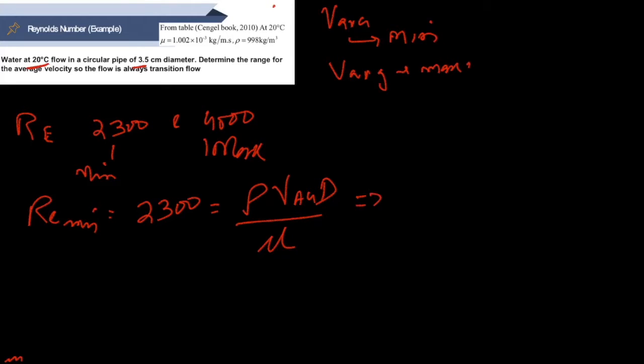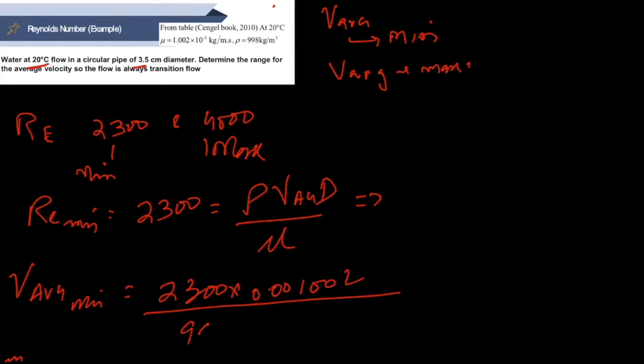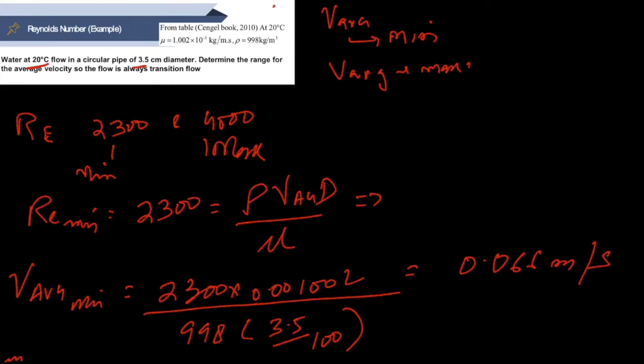So velocity average minimum comes out to be 2300 multiplied by 0.001002 whole divided by 998 multiplied by the diameter 3.5 divided by 100. This comes out to be 0.066 meter per second.